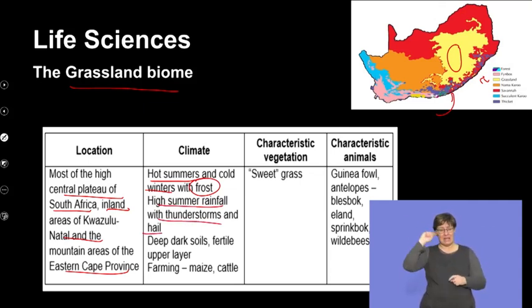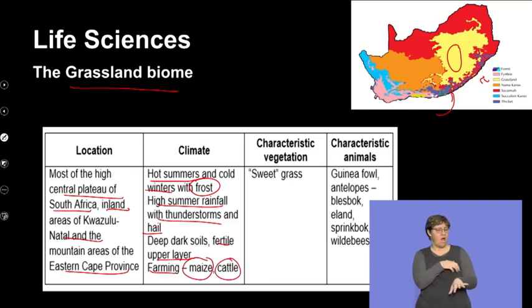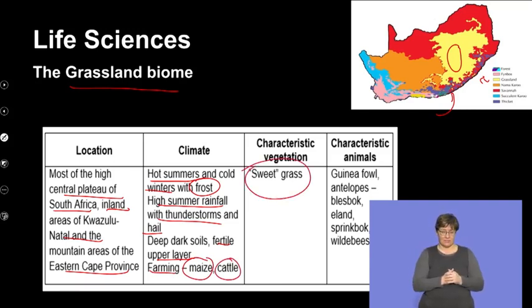The soil has a rich upper layer, which is fertile and very conducive for farming, especially of maize, as well as for cattle feeding. It's also known as sweet grass, which is the vegetation typically enjoyed by antelope, your blesbok, your springbok, as well as your wildebeest.